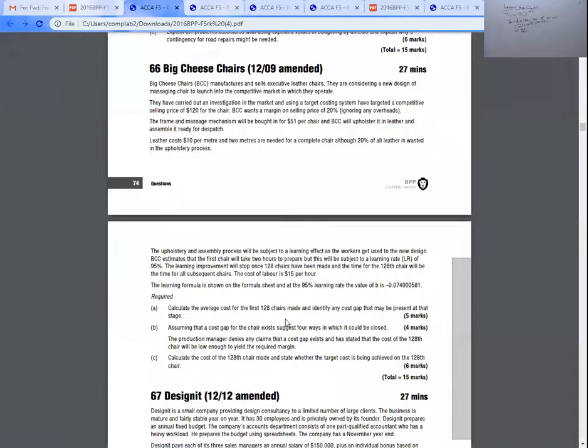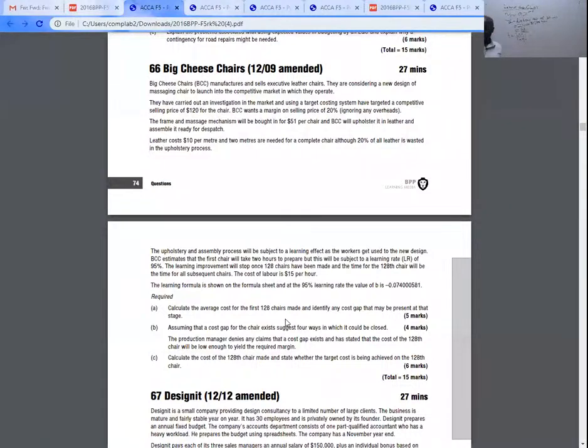Brilliant. From there, ladies and gentlemen, the next thing will be about b. b is what we call the learning index. To get the learning index, we normally take log r divided by log 2, the log of the learning rate divided by log 2. r is the learning rate.